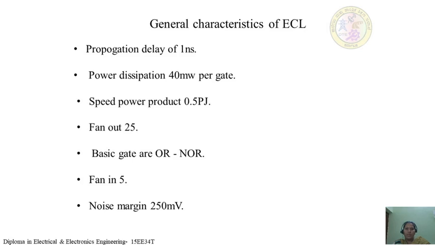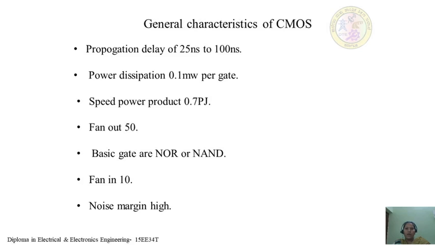Next we'll move on to the general characteristics of complementary metal oxide semiconductors. The propagation delay of the CMOS we can say is 25 nanoseconds to 100 nanoseconds. Next, the power dissipation of the CMOS is 0.1 milliwatts per gate.